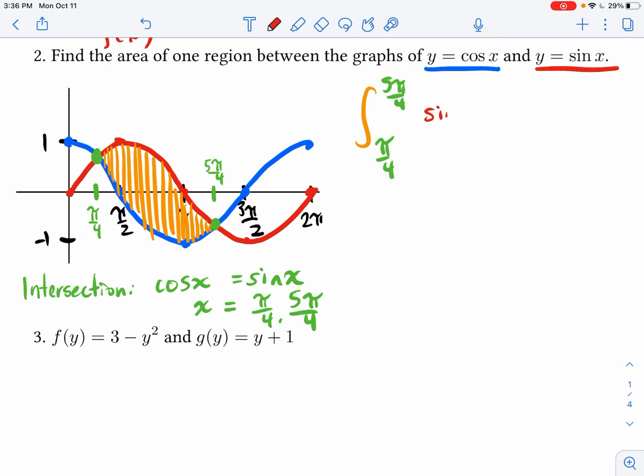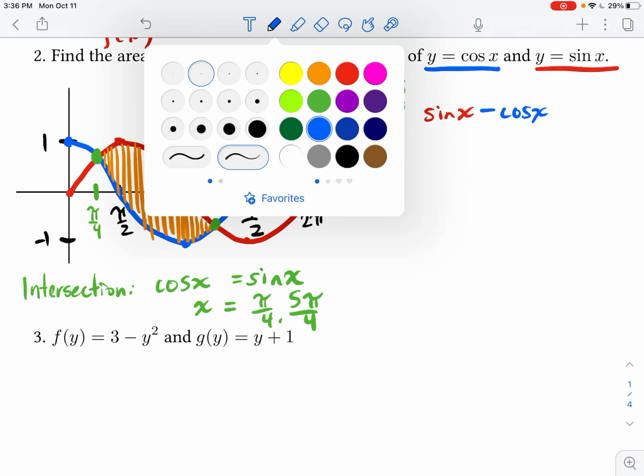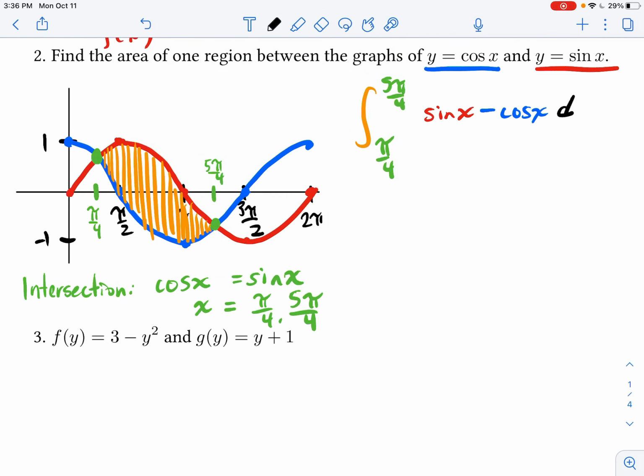So it's sine of x, and then minus our blue function, cosine of x, and all of that with respect to x. Okay? And this is a pretty easy function to integrate. This is going to give us negative cosine x minus sine x, evaluated from pi over 4 to 5 pi over 4. So let's just evaluate these functions.